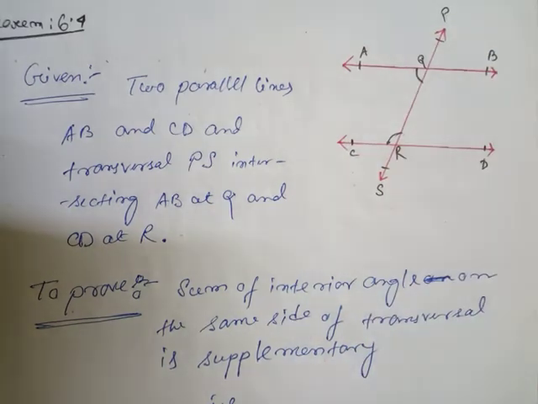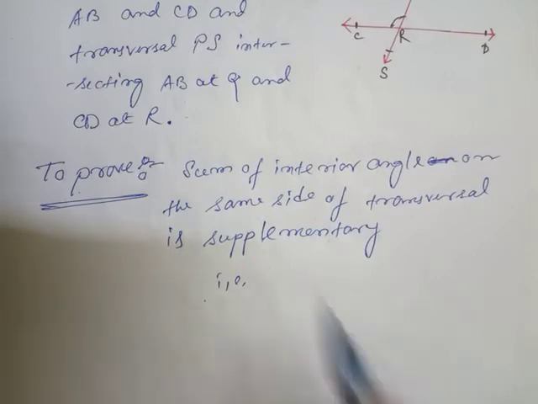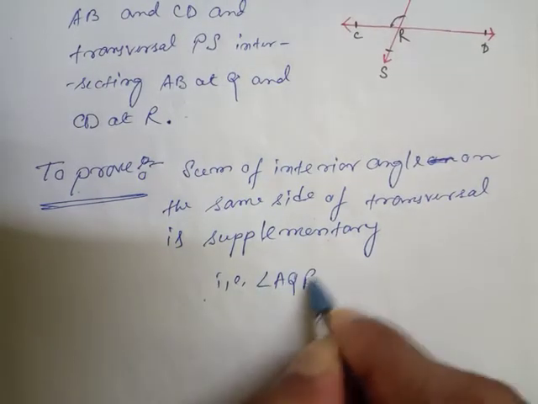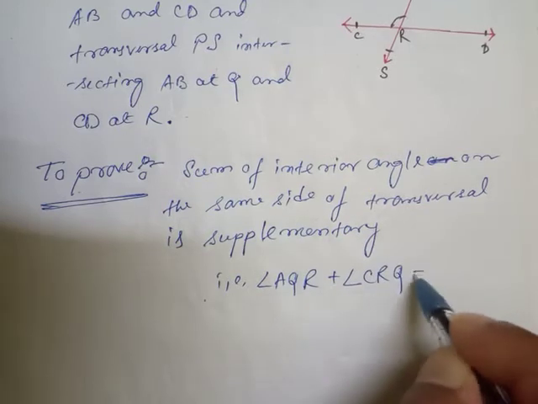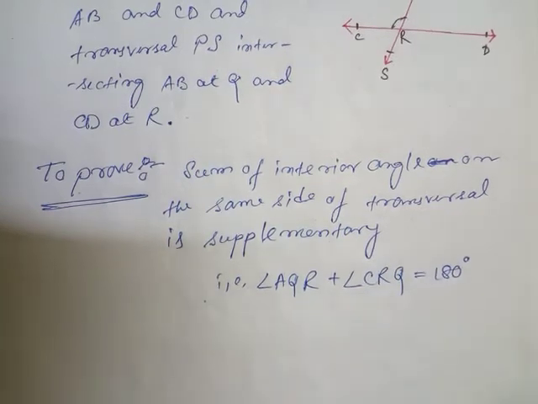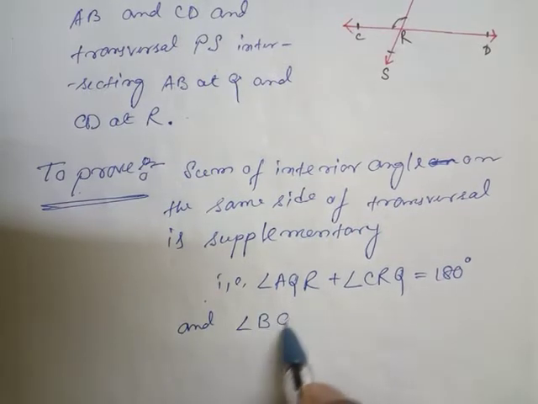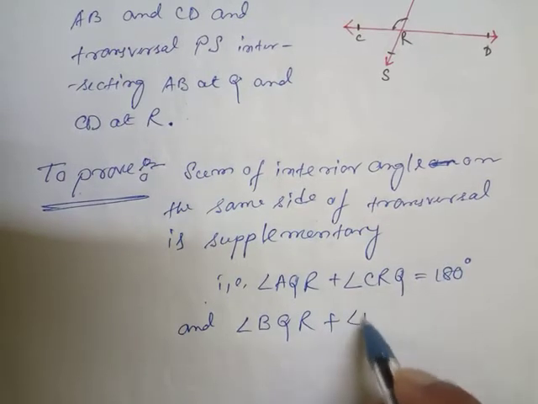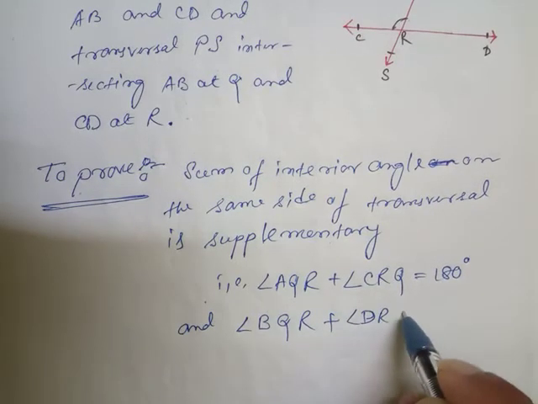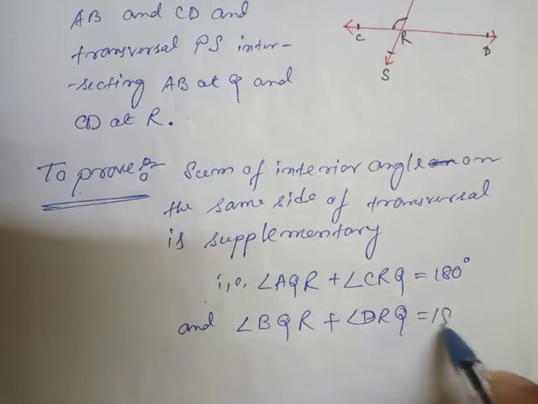So we'll write here, student: angle AQR plus angle CRQ equal to 180 degrees, first one, and angle BQR plus angle DRQ equal to 180 degrees.